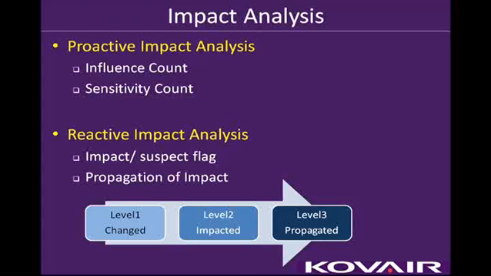The sensitivity count says how many other items are influencing this item, so it is just the reverse of the influence count. If you add the influence count and sensitivity count, that gives you a very good idea of how connected this particular requirement is with respect to the rest of the system.